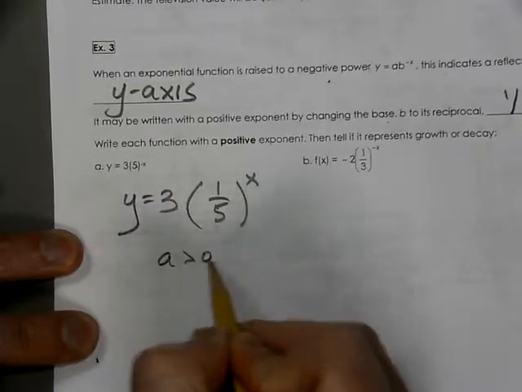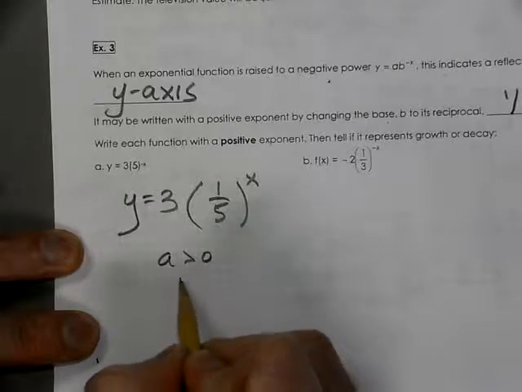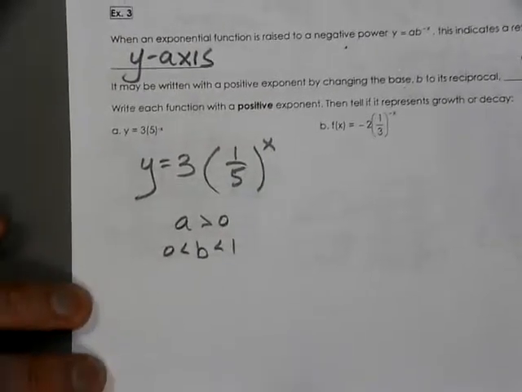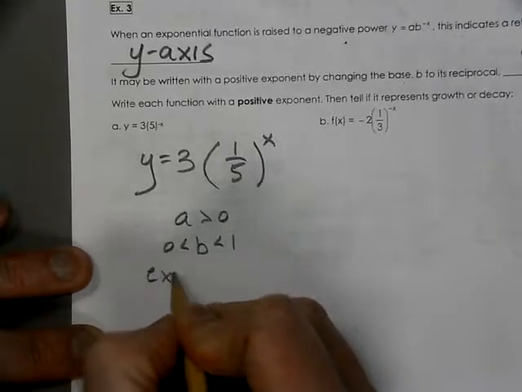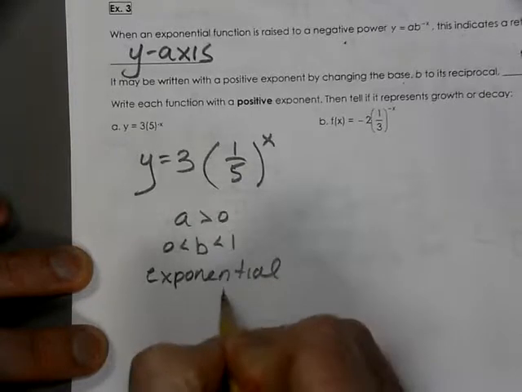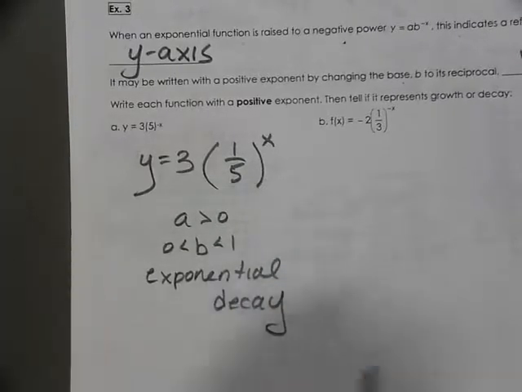The a value is positive, the b value is less than 1 but greater than 0, so this is called exponential decay, because the b value is less than 1.